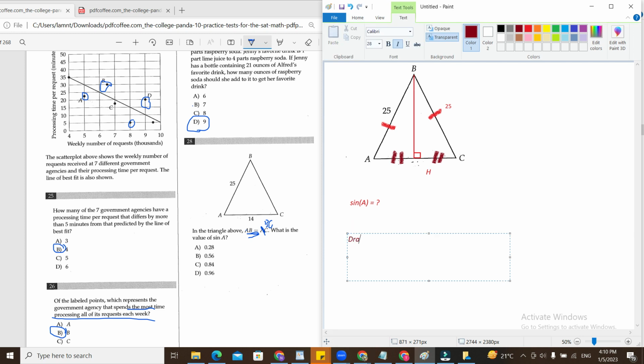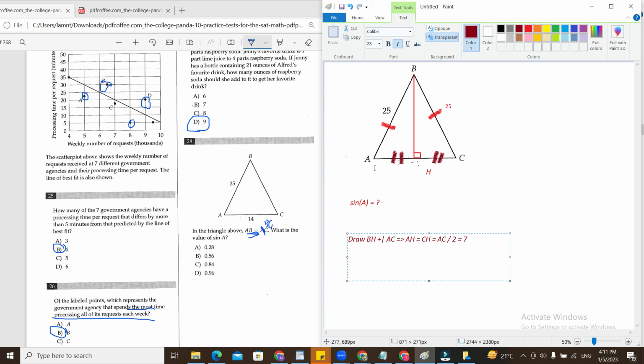So BH is perpendicular to AC. Therefore we have AH equal to CH equal to AC over 2, which is equal to 7, right?